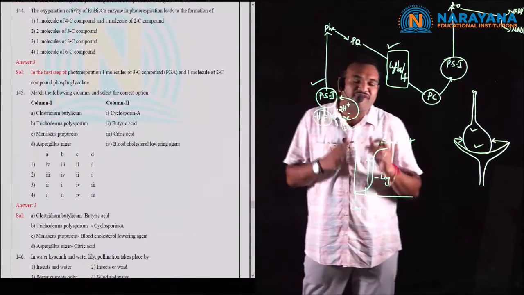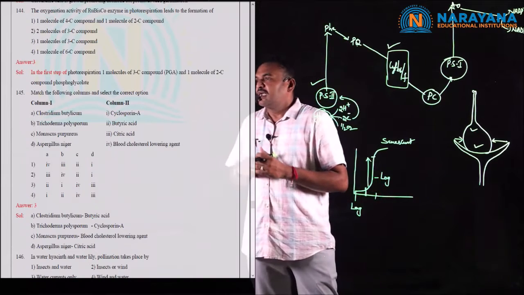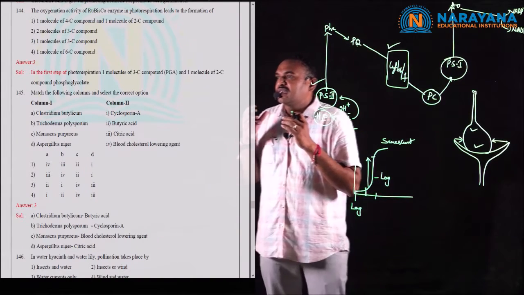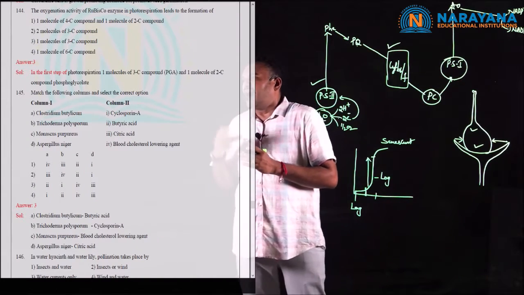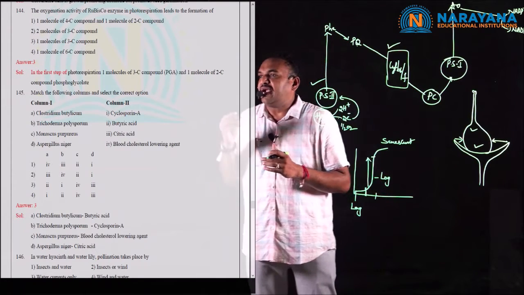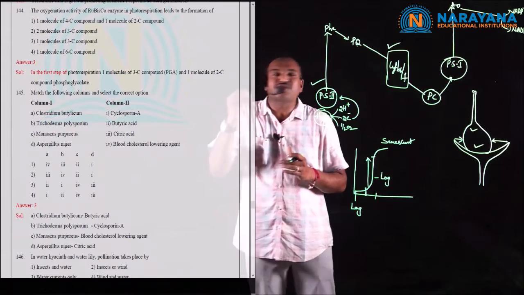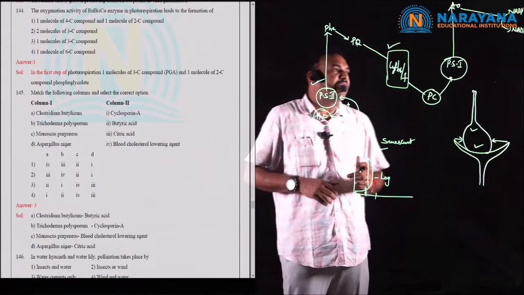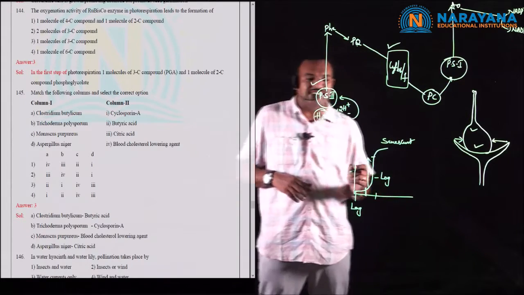And question number 144, the oxygenation activity of Rubisco enzyme at photorespiration leads to the formation of what. This is also a very important point we can discuss here.